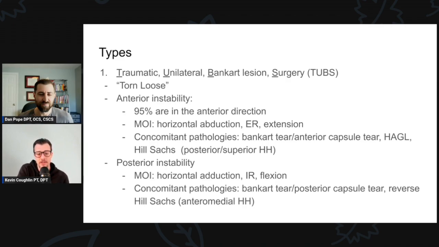A Hill-Sachs lesion. We'll get into this, but if the humeral head comes out anteriorly, on its way back in, the posterior superior part of that humeral head will chip off.